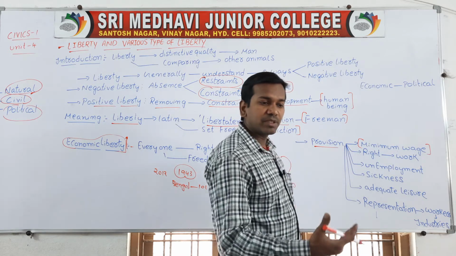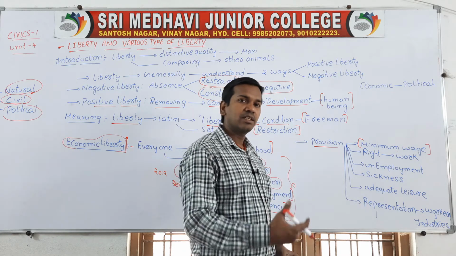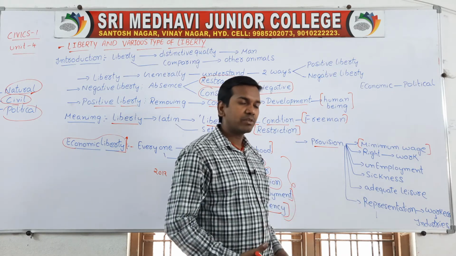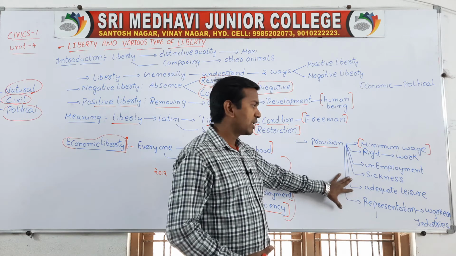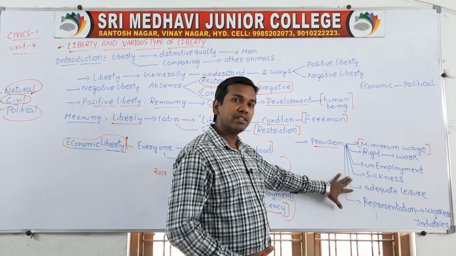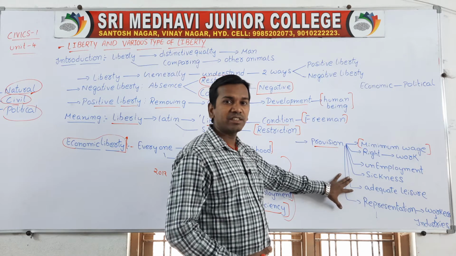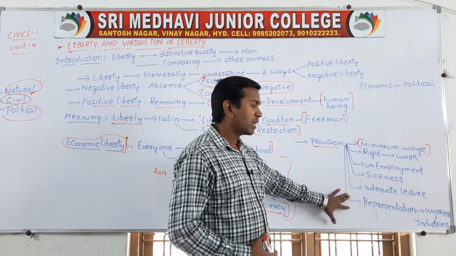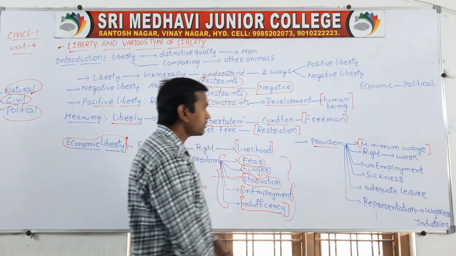For example, if any person meets with any type of sickness, then the paid leaves must not be deducted. There should be a provision of sickness coverage. Adequate leave and adequate leisure facilities should be given to the workers in industries or offices, and workers must be given representation in industry.